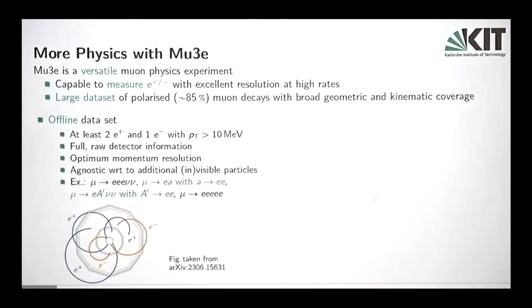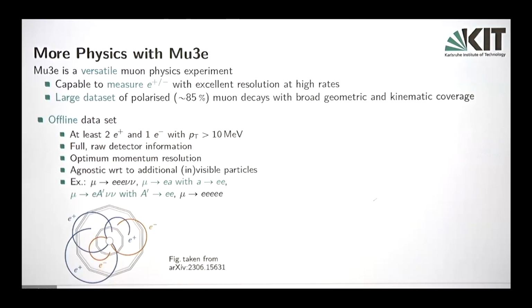We have the offline data set. Everything that passes the event selection is offline there, patiently waiting on tape to be analyzed. So this means all events that have 2 e+, 1 e- with a pT of at least 10 MeV.